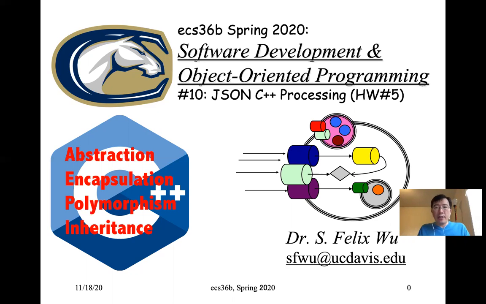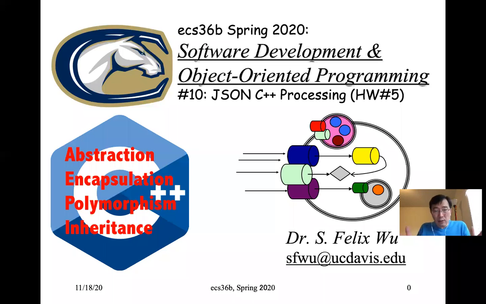Over here, we need to think about the two-way street. The lecture is actually two-way. If I can convert C++ to JSON, then I should be able to take the JSON and convert it to C++ as well. In spring 2020, that was the first time I worked out the assignment.